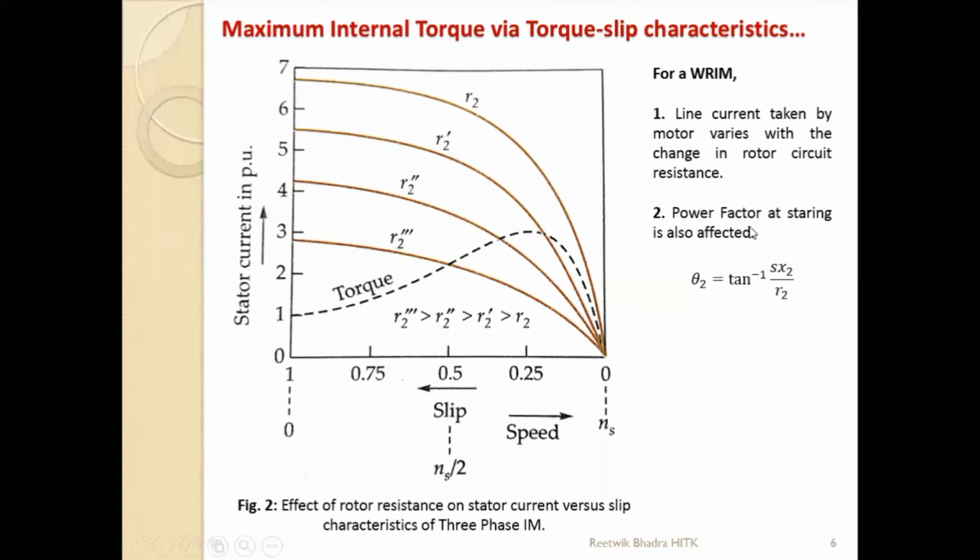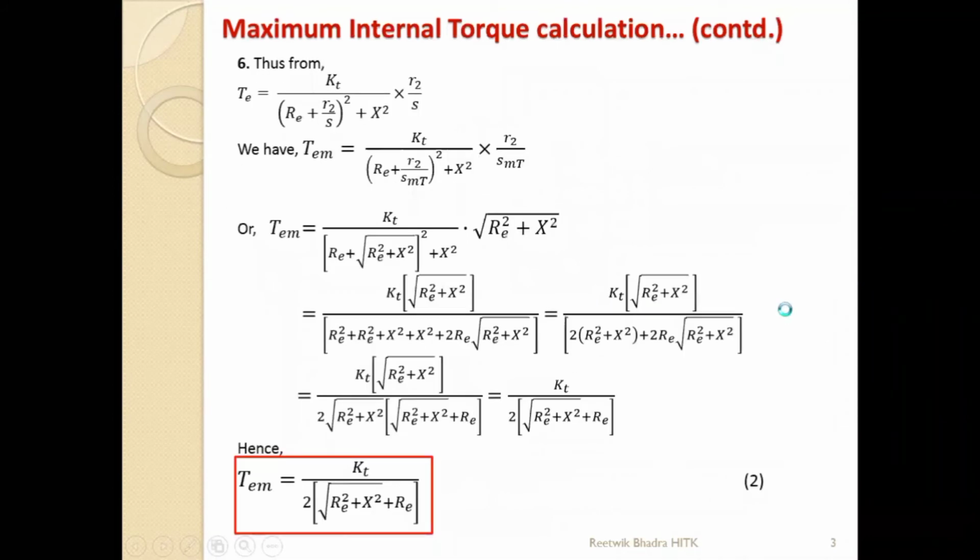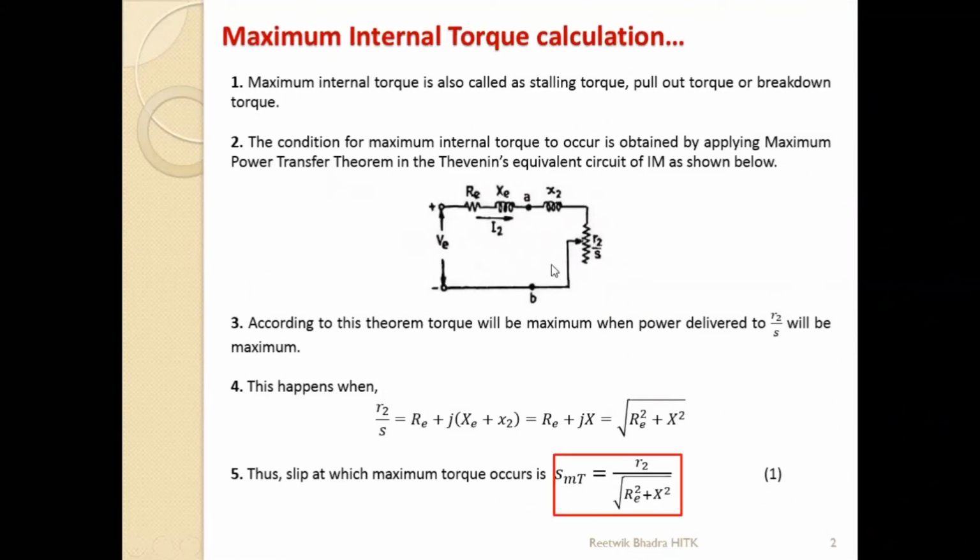Besides, your power factor will also change, because in the earlier classes, when we were studying torque and all the equations, we derived the theta 2 equation also: tan inverse of S x2 by R2. If you are not recalling, this is the rotor circuit. If my current I2 is entering in this direction, this is an RL circuit, what will be tan theta?